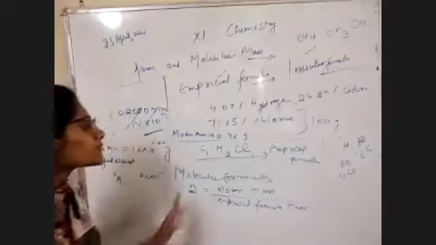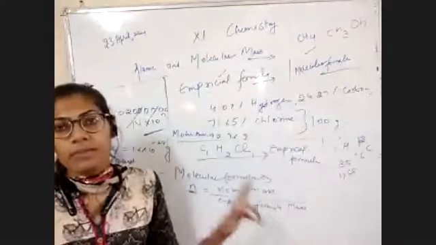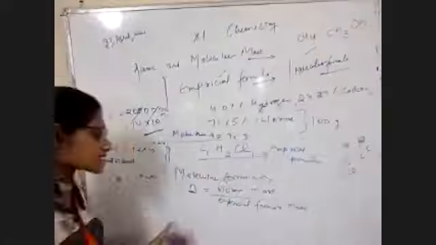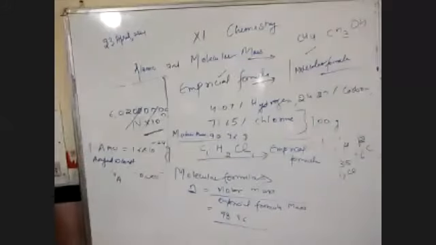Now the molar mass would always be given to you in the statement of that particular numerical. In this numerical, the molar mass is equal to 98.96 gram, which is given to you. So 98.96. Now, how do we calculate our empirical formula mass?